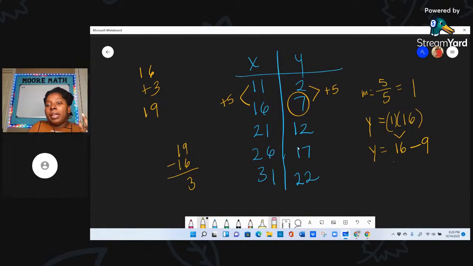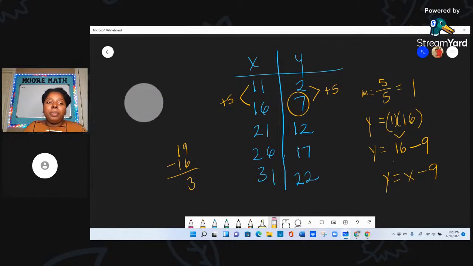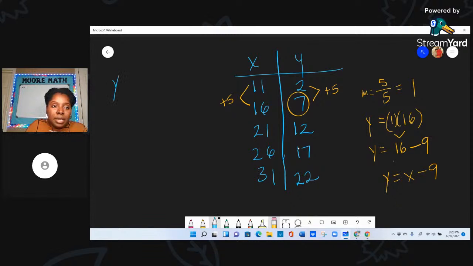So it would have been y equals x plus 3, but here it's y equals x minus 9. And check your work. Plug in another one. See if y equals x minus 9 does work. Give me another one. 21.